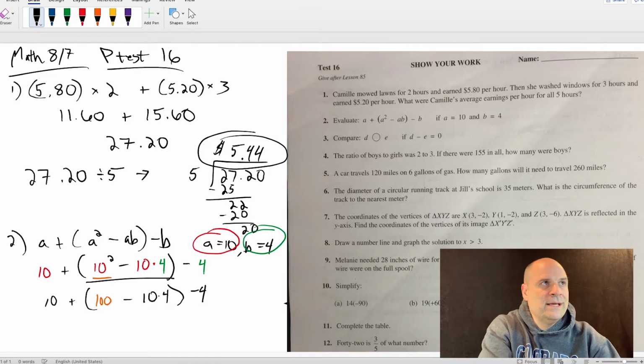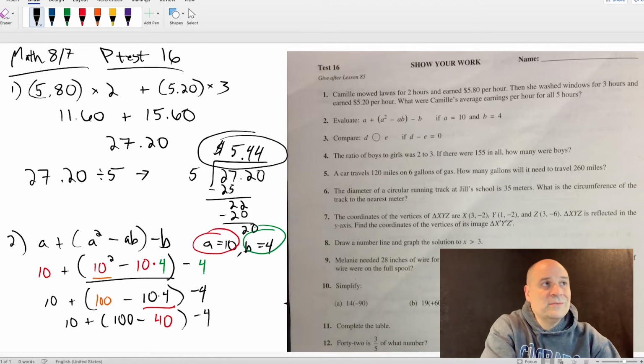All right, now what do you do next? Well, we're still inside that parenthesis. So let's multiply next because multiplication comes before subtraction. 10 times 4 is 40. Everything else I'm not gonna change. So that's still 10 plus 100 minus 40 minus 4. We're still in those parentheses, so keep going. What's 100 minus 40?